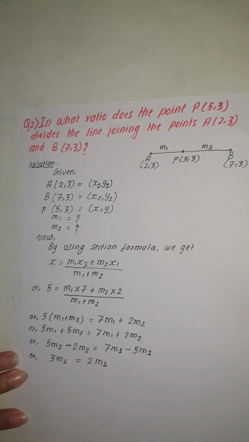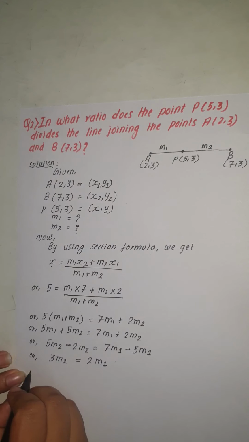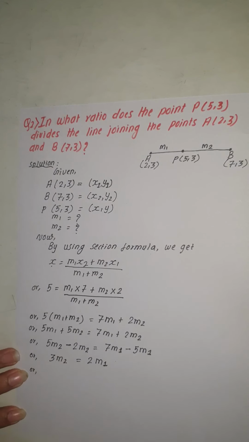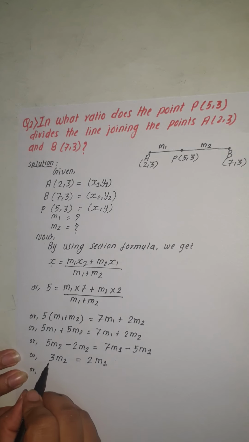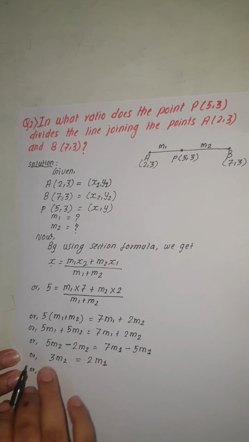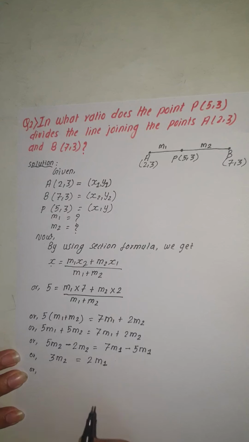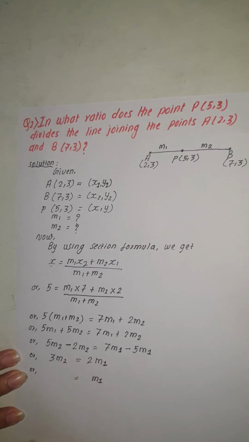Now this is the important part. After this most of the students get confused, so don't be confused. We will keep this 3 here only. Where is our m1? Always look for the m1. m1 is here, right? So we will shift this m2 to the right hand side. If m1 is on this side, then we shift to the left hand side. Wherever m1 is, that side we shift m2, which will go down, and this 3 is as it is.